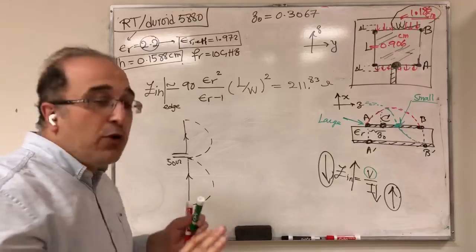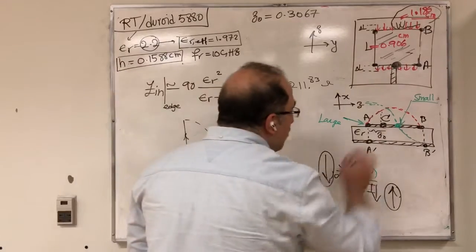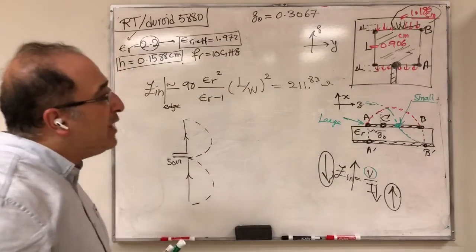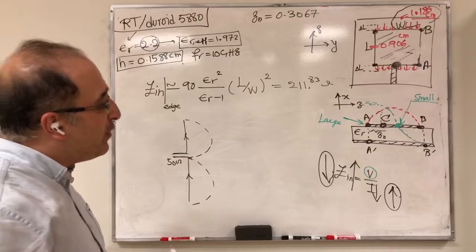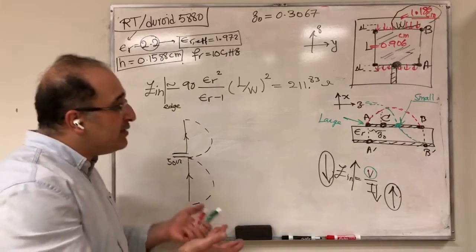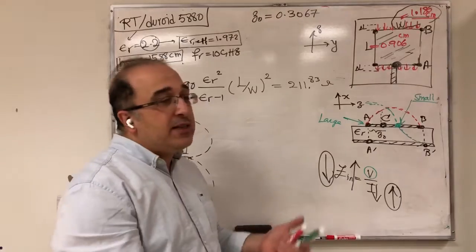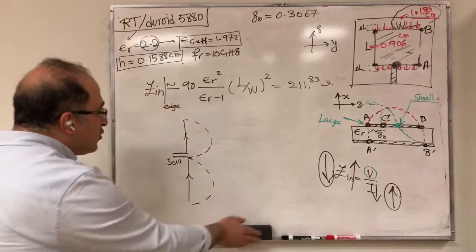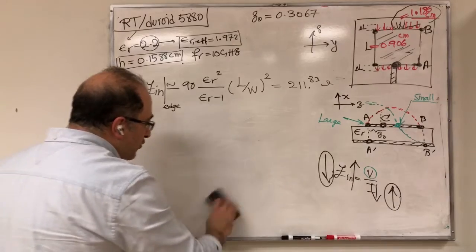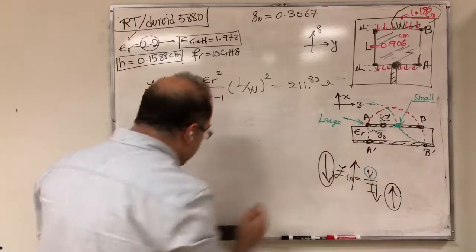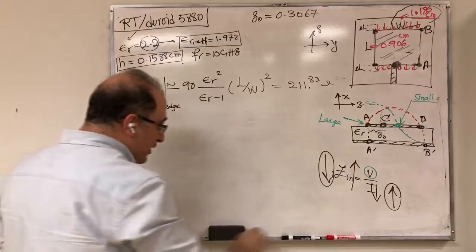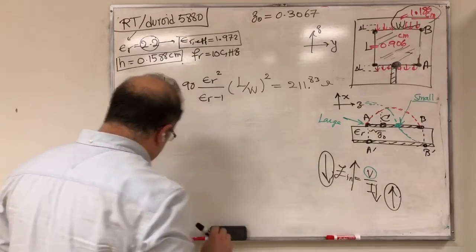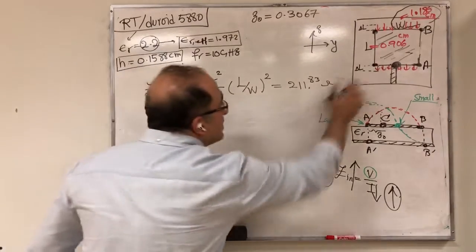And now forget about how we can feed at this point. Let's just find Z naught, or maybe perhaps it's even better to say at least one way of how to feed it at this point, and then I'll go back to Z naught. So one easy way to feed at C instead of A is that if I look at my patch antenna, similar to this structure.